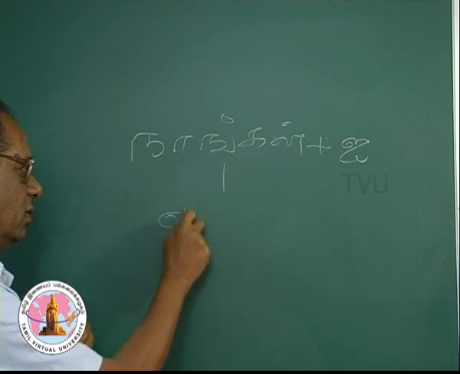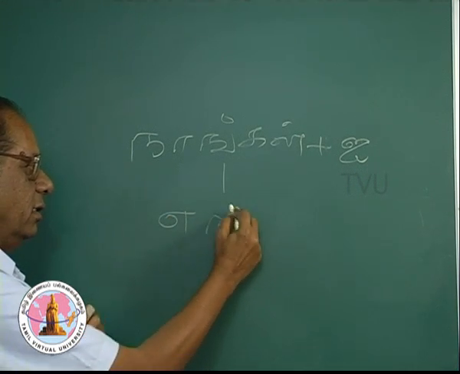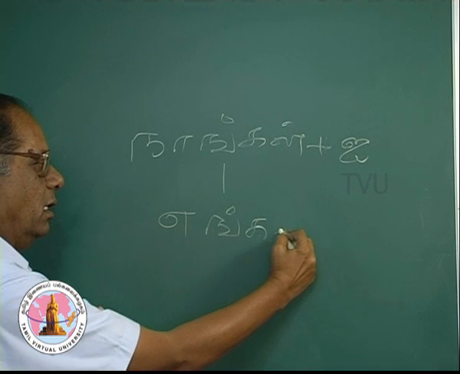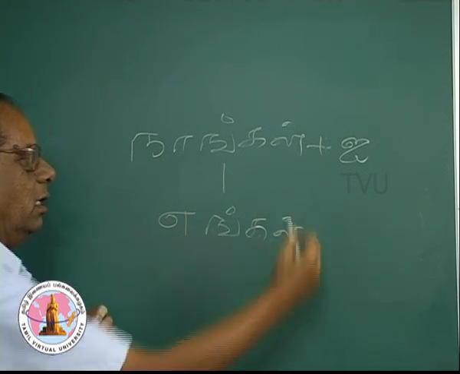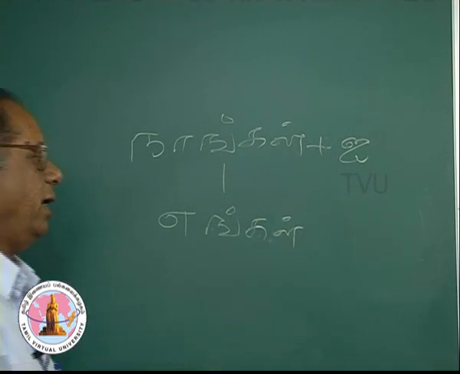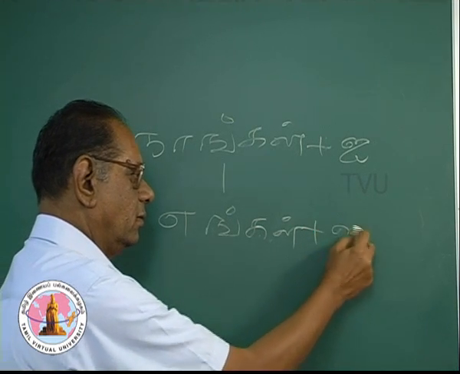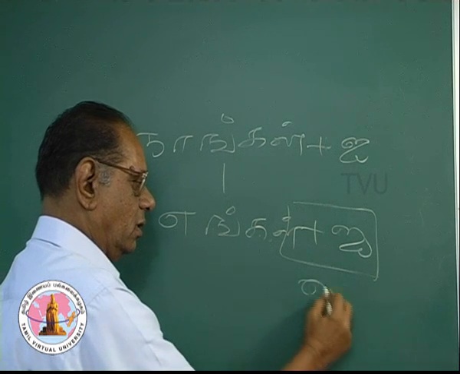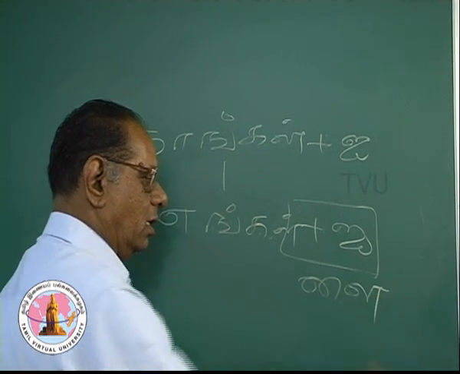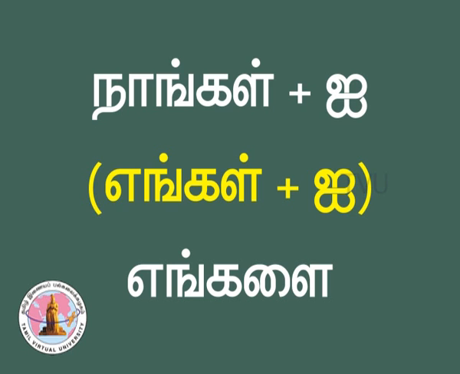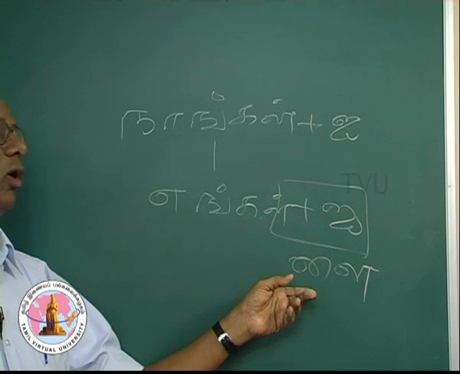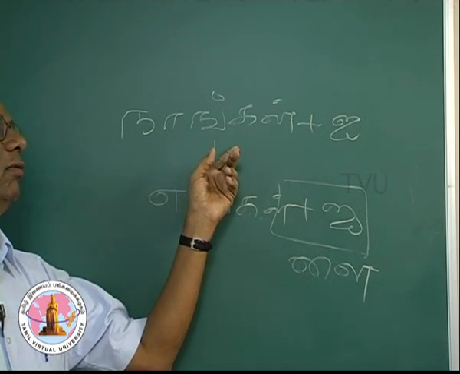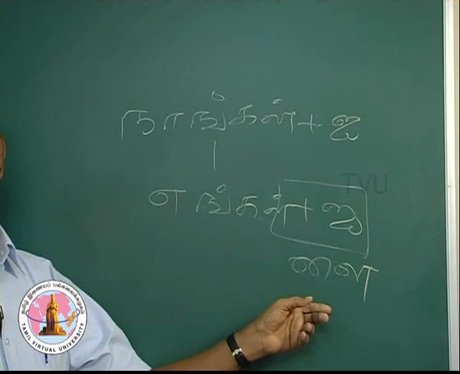Nangal becomes Yangal. And you add I, it becomes Yangalai. So also Ungal plus I, Ungalai.